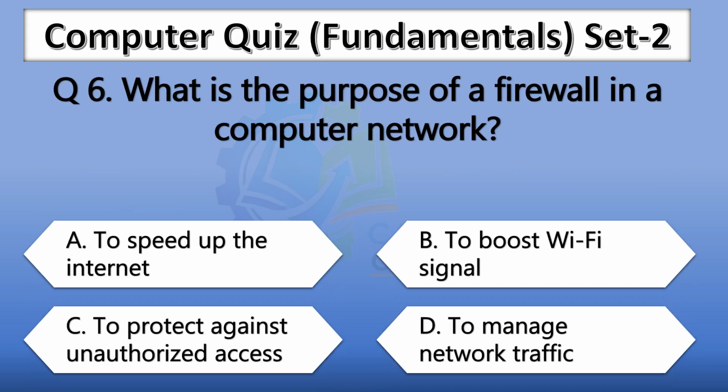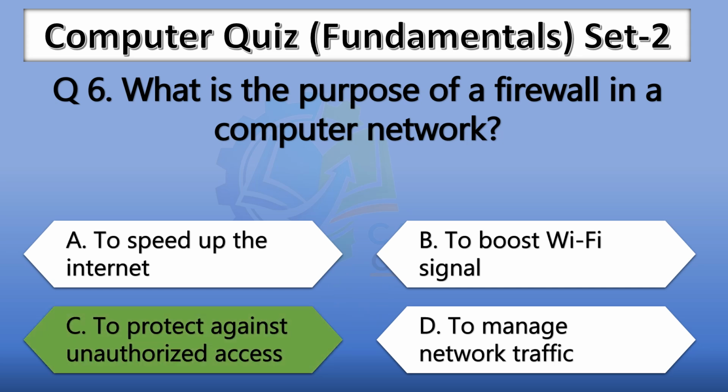What is the purpose of a firewall in a computer network? To speed up the internet, to boost Wi-Fi signals, to protect against unauthorized access, or to manage network traffic. The correct option is to protect against unauthorized access.